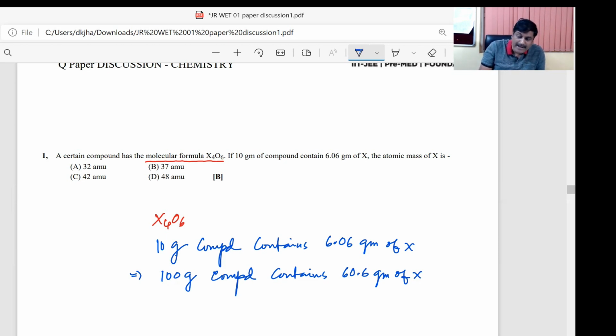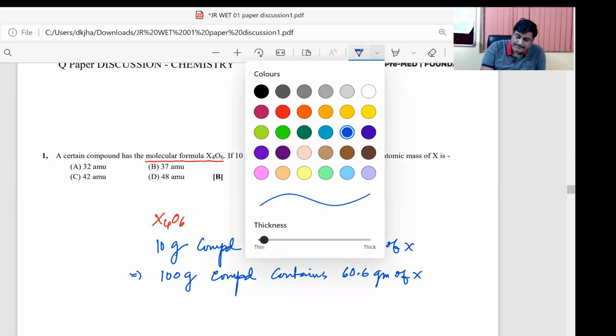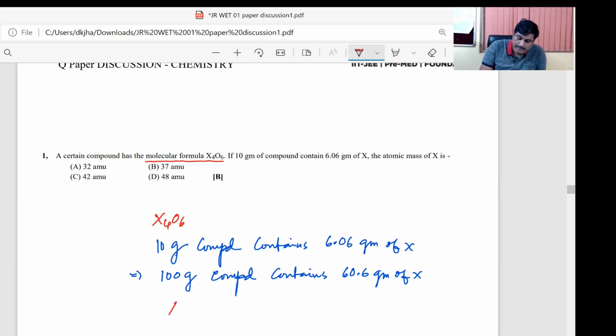So you can say X is 60.6 gram in 100 gram compound. So the percent of X in X4O6 is equal to 60.6.